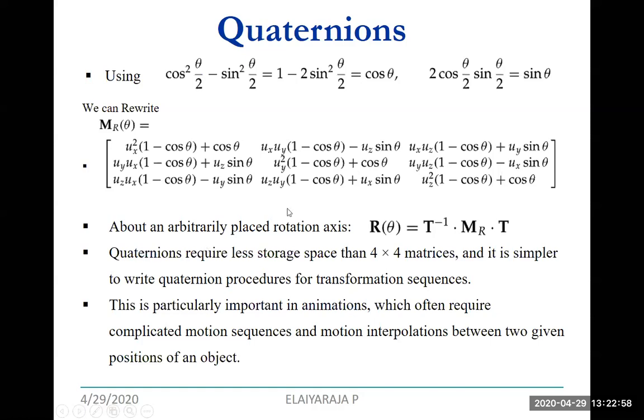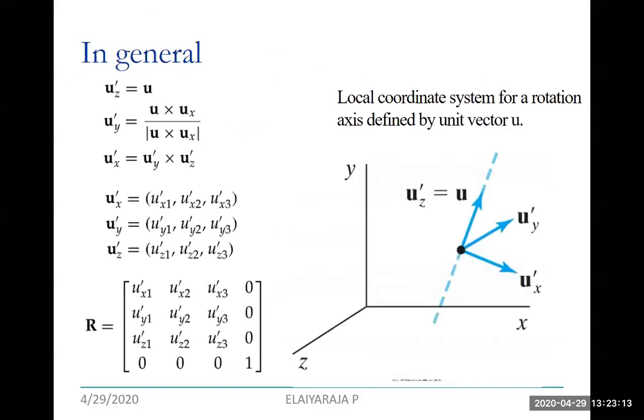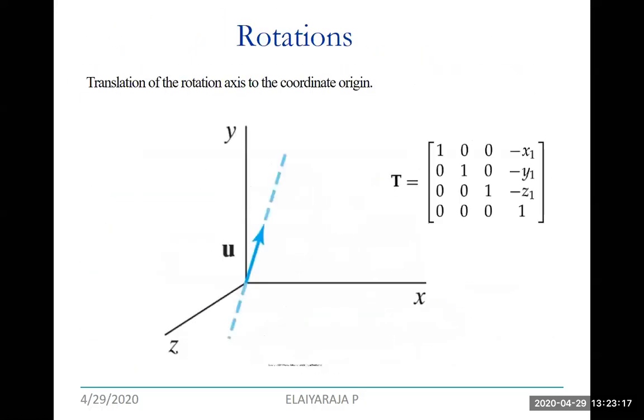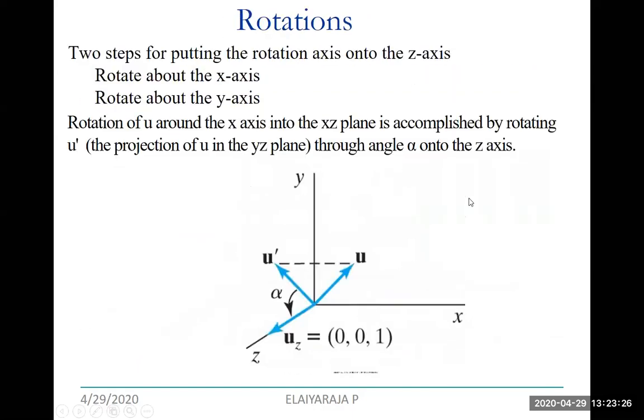For a rotation by the particular theta angle about an arbitrarily placed rotation axis, it equals the inverse transformation matrix, which is the transformation matrix we initially wrote, the translation of the rotation axis to the coordinate origin.